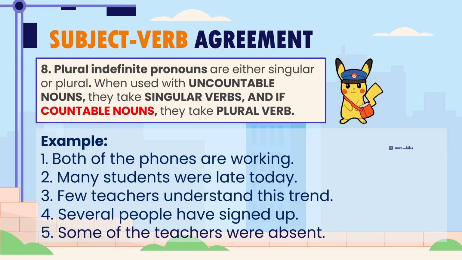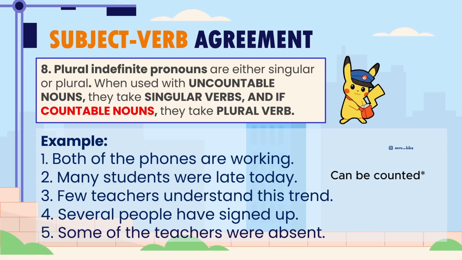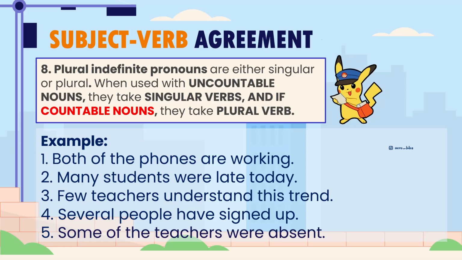Here in our examples, both of the phones are working. Since it is countable, we take a plural verb. Next, many students were late today. Students can be counted, makakount natin siya. That's why we use plural verb.